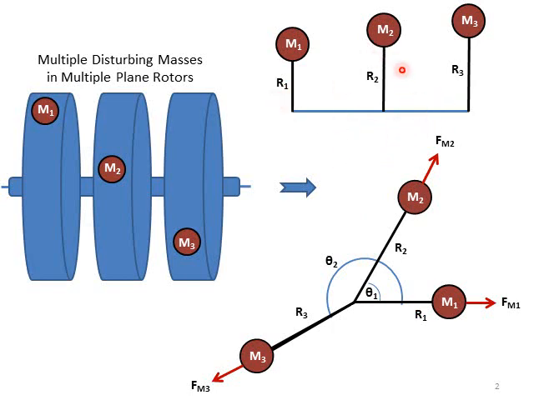For example, in the top one, we can see the mass m1 at some radial distance r1, mass m2 at some radial distance from the axis of rotation, and mass m3 at some radial distance from the axis of rotation. The blue line represents the axis of rotation.